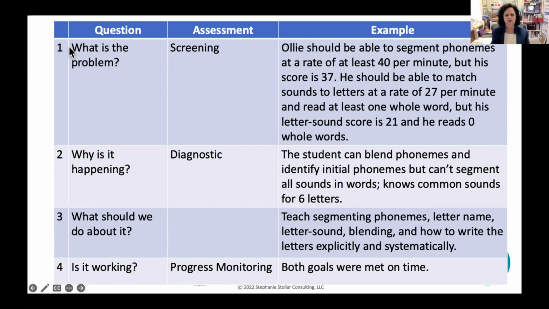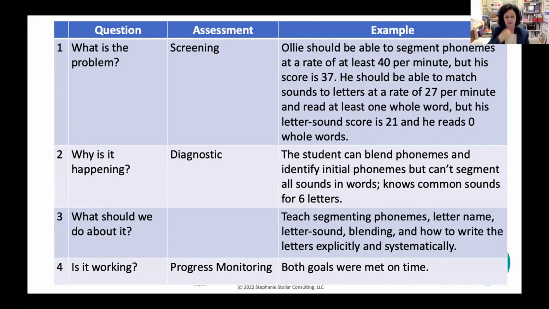So we're talking first about applying problem solving for an individual student. His name is Ollie. He's a 1st grader. The first thing that we want to do is conceptualize this difficulty with reading that Ollie is experiencing in an observable and measurable way that takes into consideration the student's skills, right?